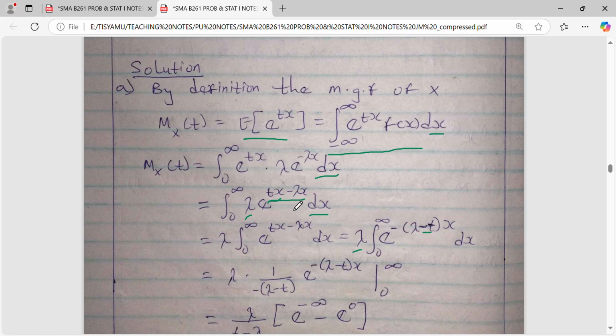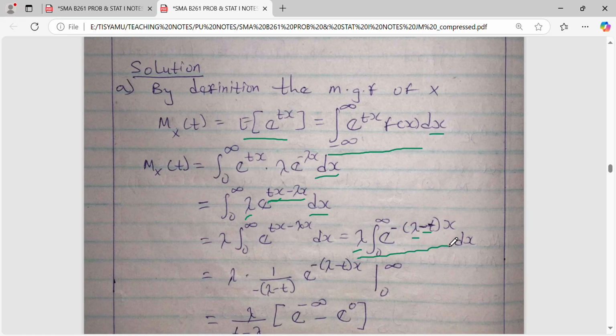In the second term we have negative lambda x, and when we factor out negative x, we remain with positive lambda. Therefore we have lambda times the integral of exponential of negative into lambda minus t times x, integrated with respect to x from 0 to infinity. Remember, we have factored out negative x, so I've just written the negative just before the bracket and the x after the bracket. With that, the next step is to do the integration.